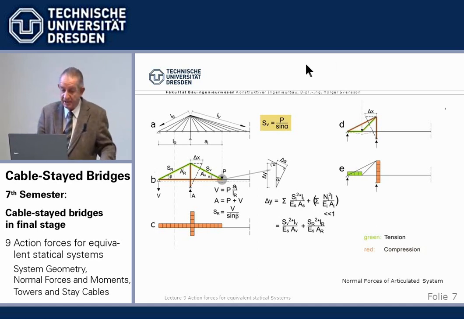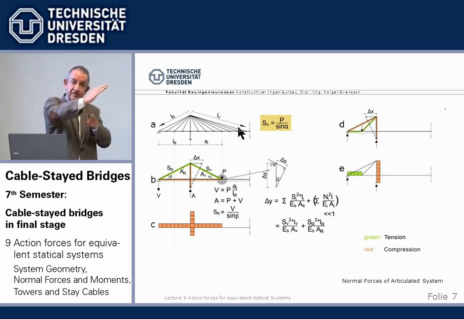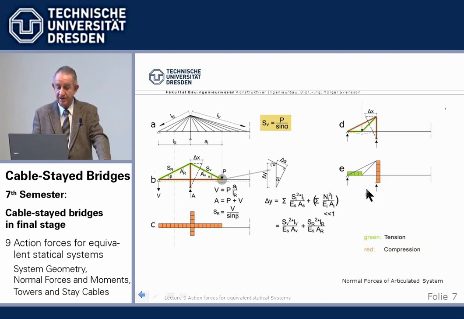And then we come to the principal formula to calculate the cables and so on of a cable stayed bridge. Very simple. The load we place somewhere divided by the sine of alpha of the cable inclination. Vertical load gives load divided by sine alpha as the cable force. That's all we need. And with that, we can calculate all the cable forces.